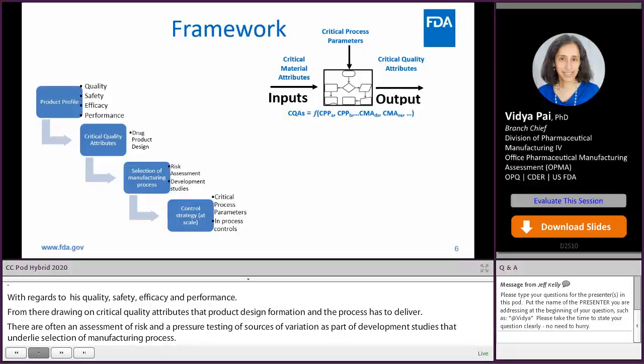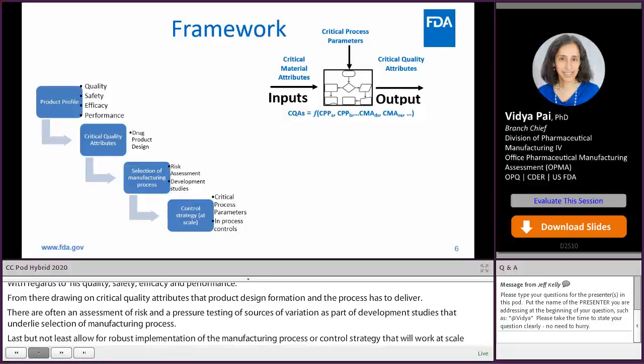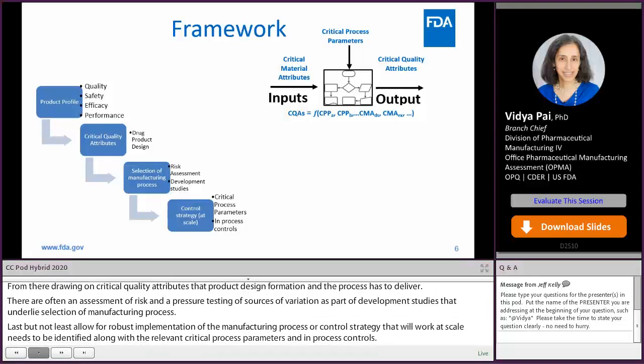So really, what our framework is suggesting is that our assessment should span across the inputs, the critical material attributes, the process parameter ranges, and the variability in both, and understand the impact they may have on the critical quality attributes of the finished product.